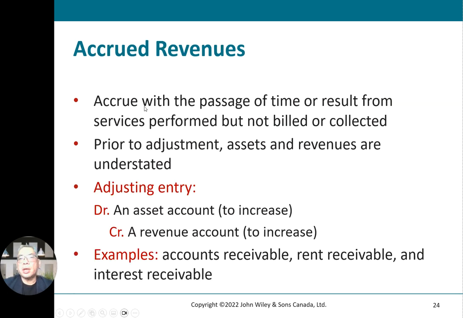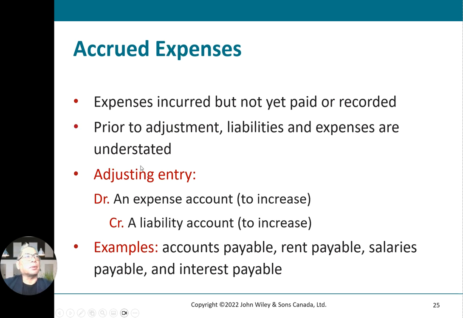Accrued revenue accrues with the passage of time or results from service performed but not billed or collected. Prior to adjustment, assets and revenues are understated. The adjusting entry is that the asset account is to be debited, and the credit will be the revenue account. Examples will be accounts receivable, rent receivable, or interest receivable.